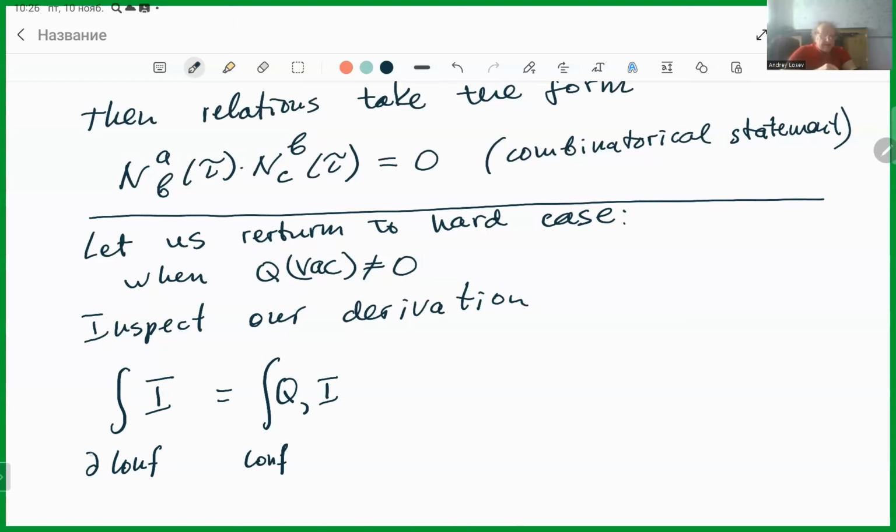So on the left-hand side, we see the boundary of derivation. On the right-hand side, we see the bulk. But we are not afraid, because it's Q, and here we will have this N.